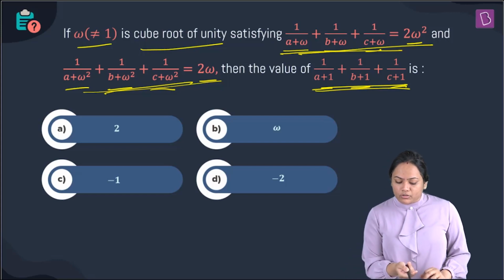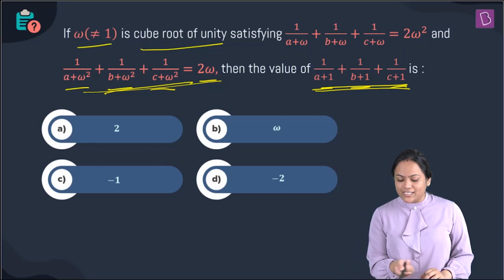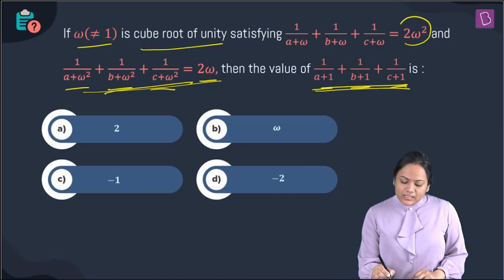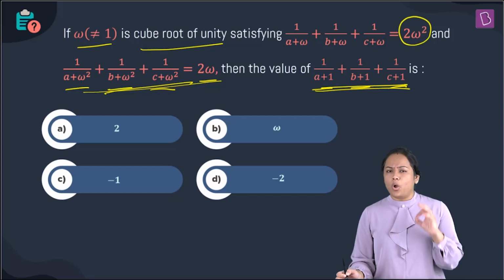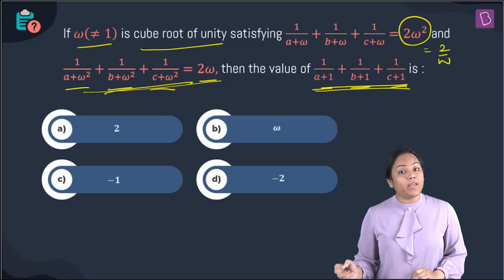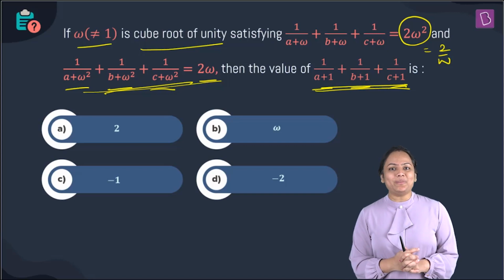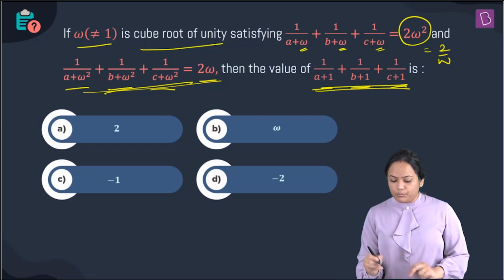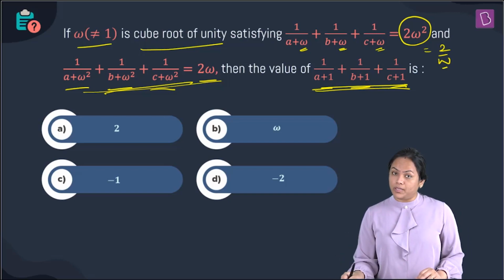Okay, very well. Coming to the first expression which they have given to us, what is this 2 omega square? Well, can I write this 2 omega square as 2 by omega? Yes, I can do that. So I have 1 by a plus omega, b plus omega, c plus omega, all in reciprocals, is equal to 2 by omega.